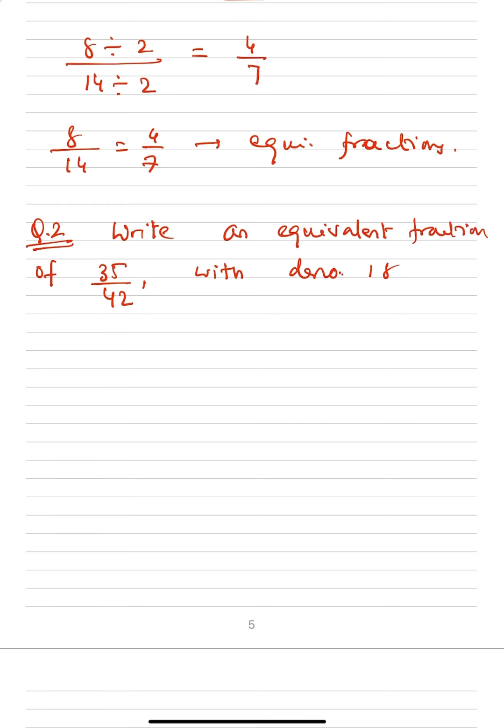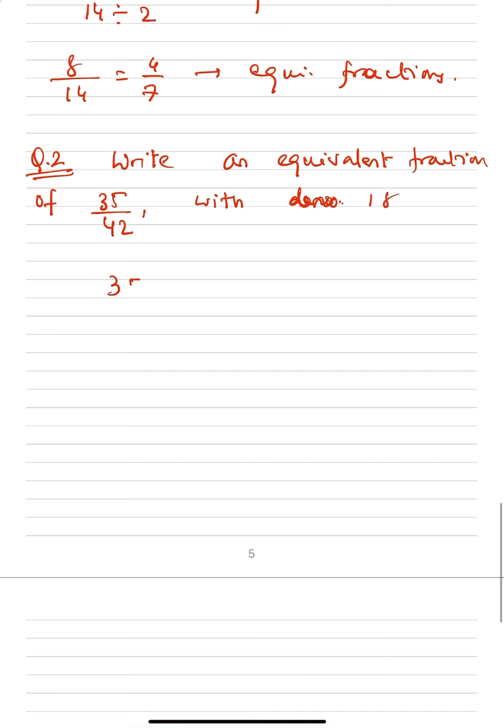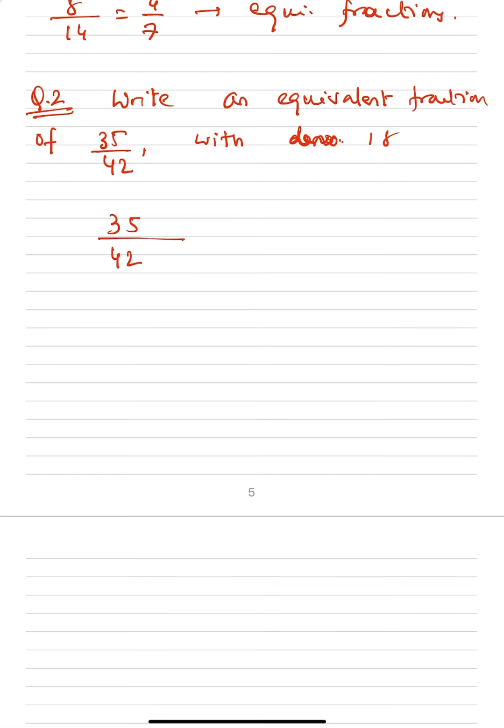Then what to do? 35 and 42 both belong to the table of 7. Correct? And they are saying with denominator 18. So what are we going to do? First we will divide this 35 and 42 by 7. Let us see what we get. We will get 5 upon 6.